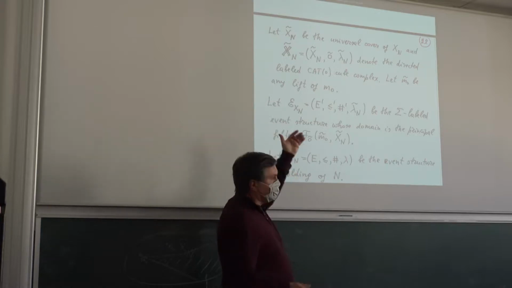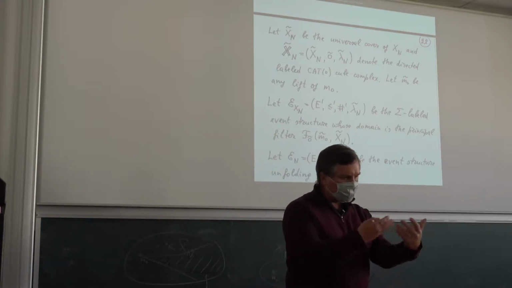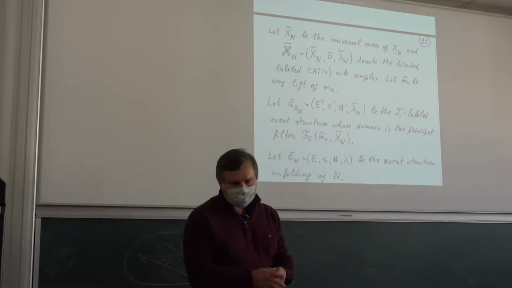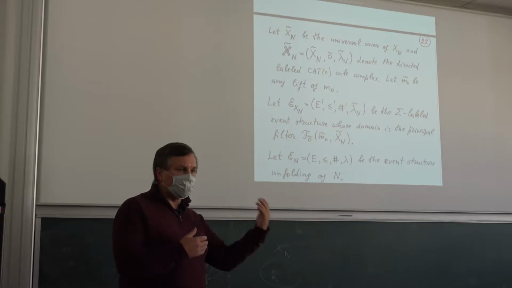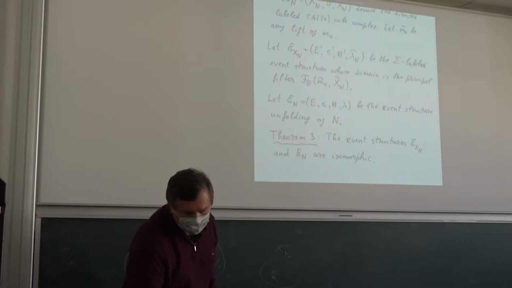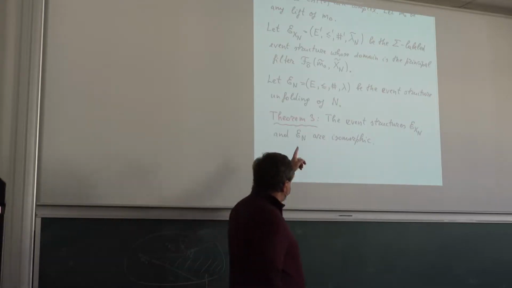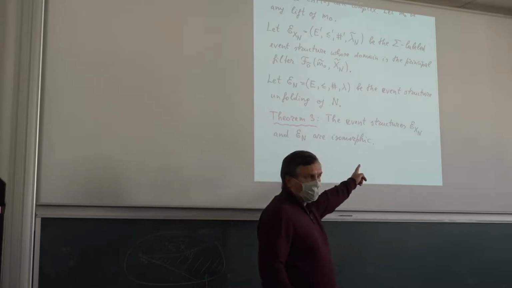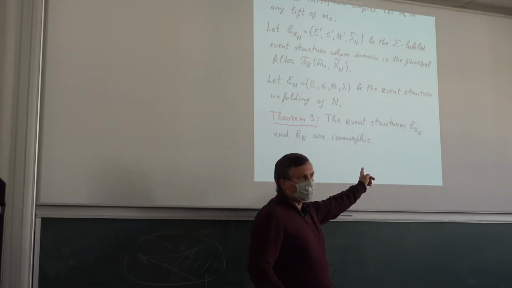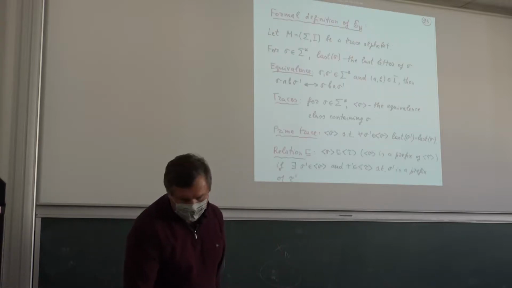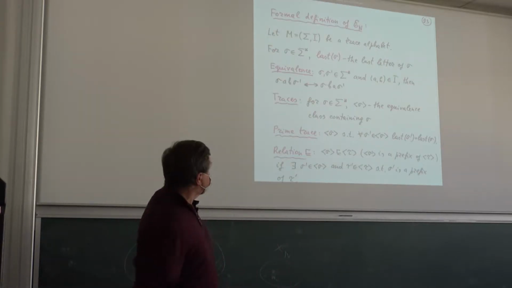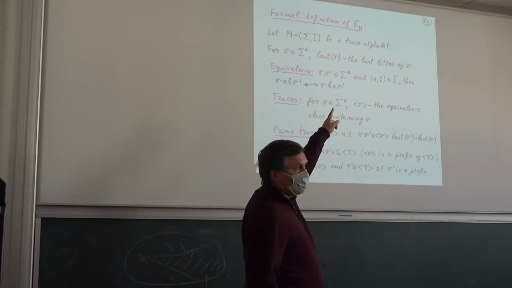So we have an event structure which comes from the universal cover of the special cube complex of one safe Petri net, and the second comes from the unfolding. And our main result says that the two event structures are isomorphic.